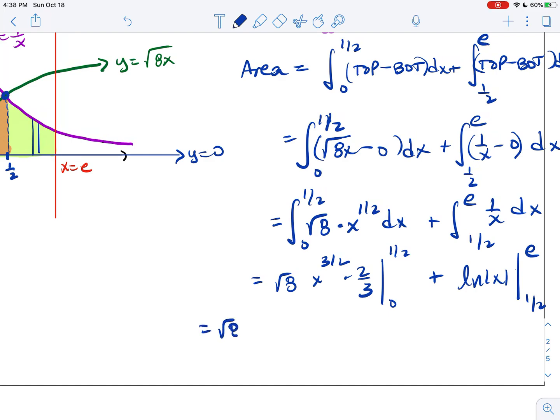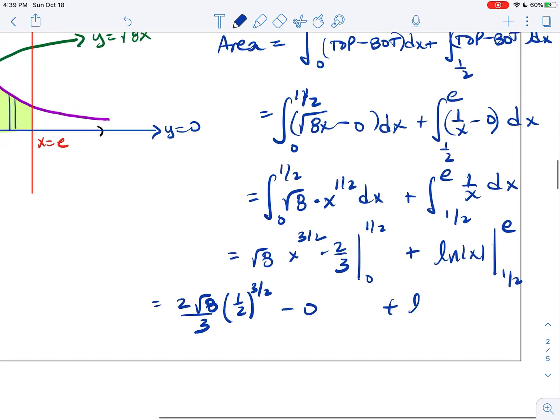And in calculating this, we end up with square root of 8, and we want to say that that is 1/2 to the 3/2. And we can actually go back and say that this is 2 over 3, right? And then we want to take away our 0, but that does equal 0. And then over here we want to say that this is going to be ln of e, take away the ln of 1/2.